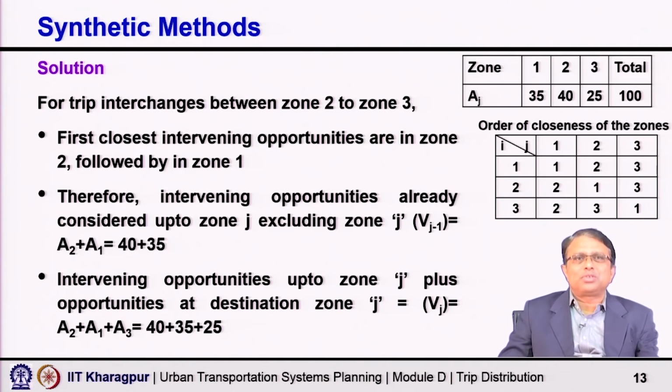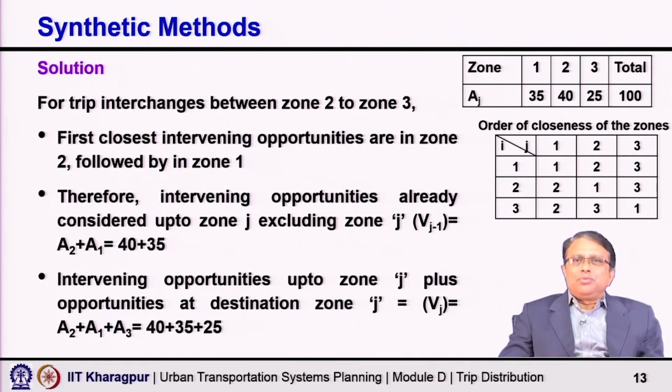Now, if we want to distribute this, let us clearly understand this part. This is a very important component, otherwise you will get confused. Let us say, for example, we want to explain the trip interchange between 2 and 3.